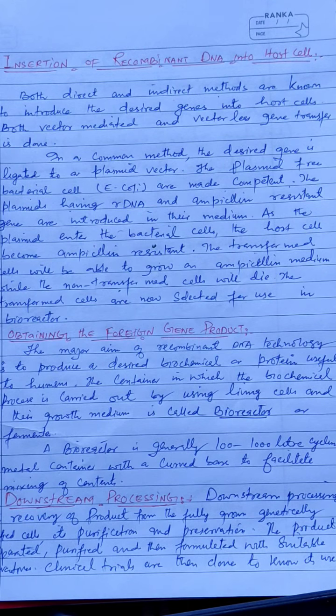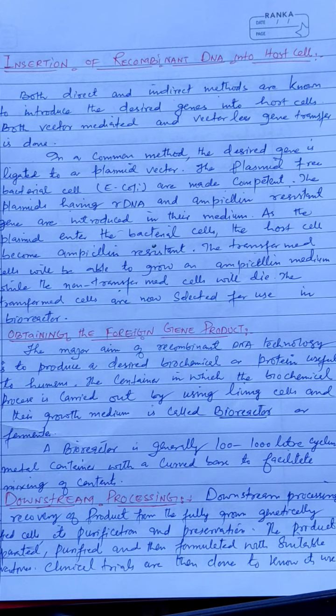Their ability to take up the foreign DNA is enhanced by certain methods which we have already discussed, like electroporation, or treatment of the cell wall with calcium divalent ions. By all these methods we make the cell competent.